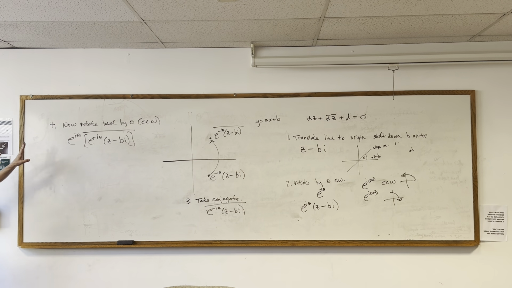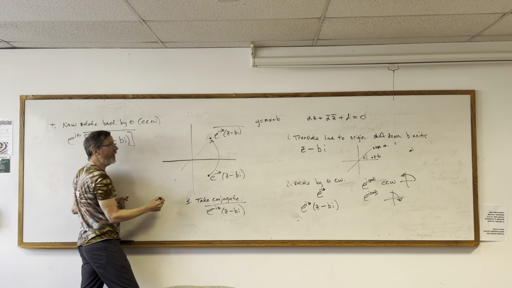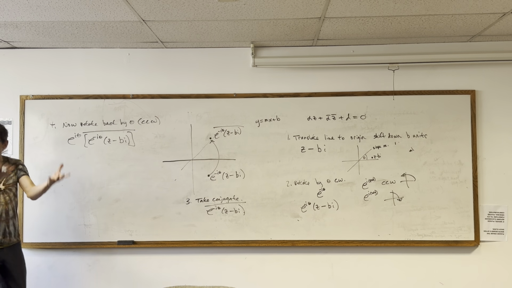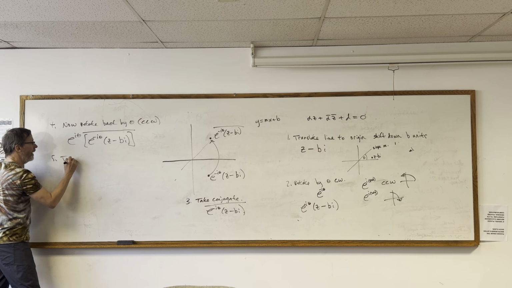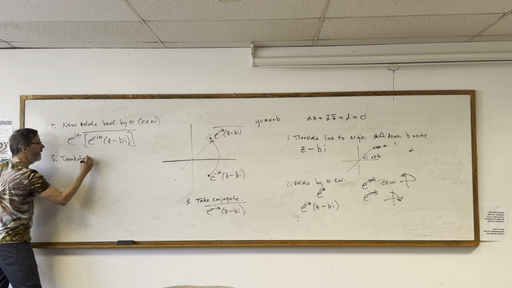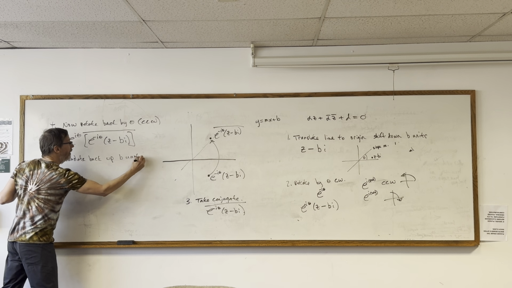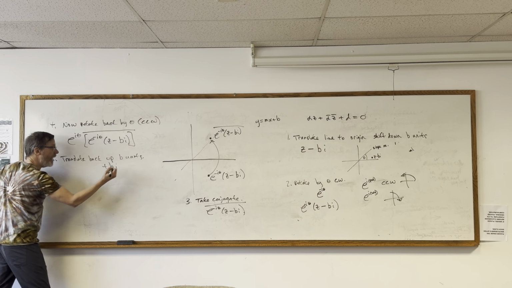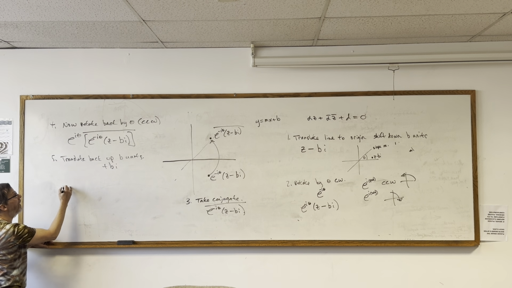We'll clean it all up, but let's just write things as we go through. So now I'm rotated back, so now I'm here. And what's the last step? Translate back up. Lastly, shift back up b units. So that's just a plus bi now. So I'm going to take this, and I'm done, pretty much.